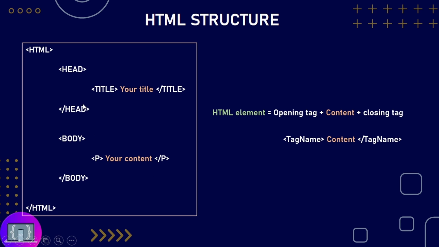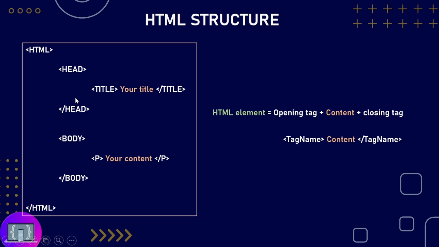If you look at this HTML file to the left of this slide, you notice that the first main element is the HTML element that surrounds the whole content. The HTML element has its own content, which is all we see inside here. Inside the HTML element is the head element.